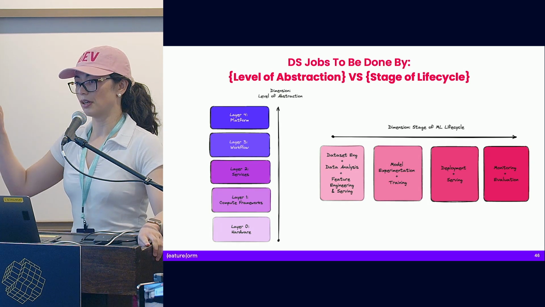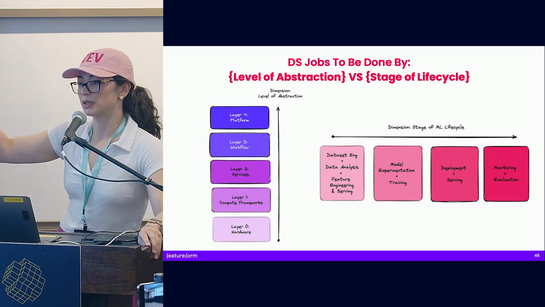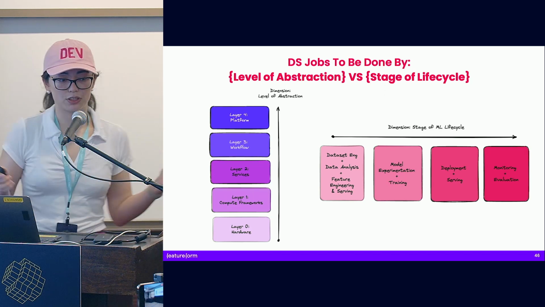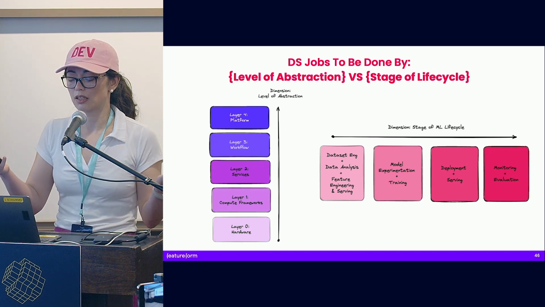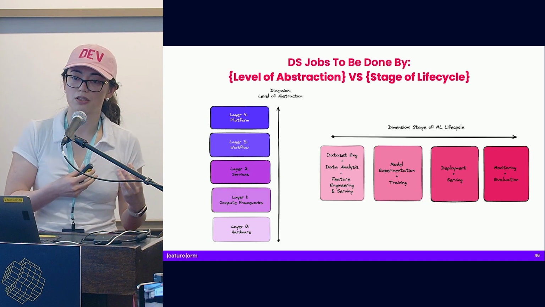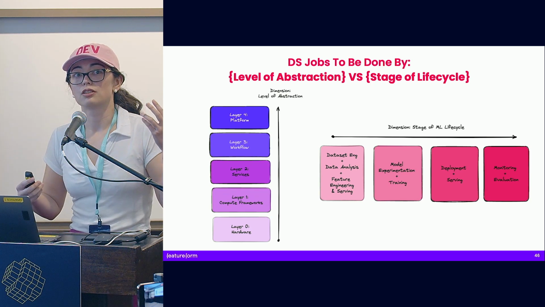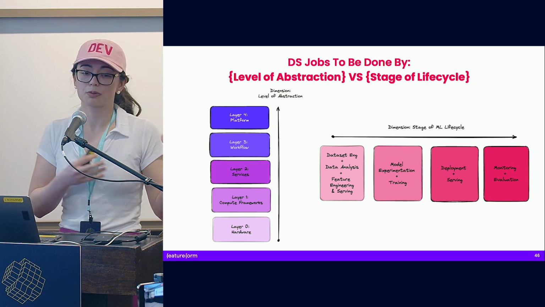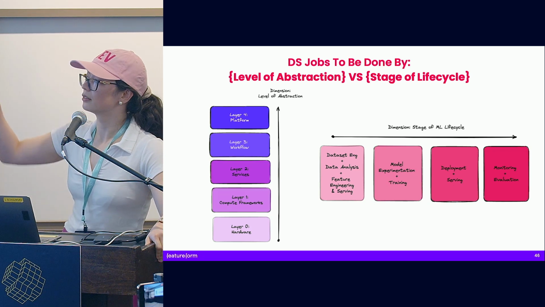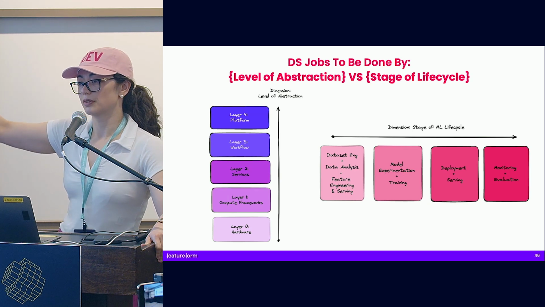The second collection of jobs to be done, or tasks for a data scientist, is the model experimentation and training phase. You have your data, you have your set of features and labels if it's a supervised learning problem, and then you're experimenting with different combinations of model algorithms, different features, and hyperparameter tuning. Sometimes you're even experimenting with ensemble models. Next, you have your model and you're going to deploy and serve it.